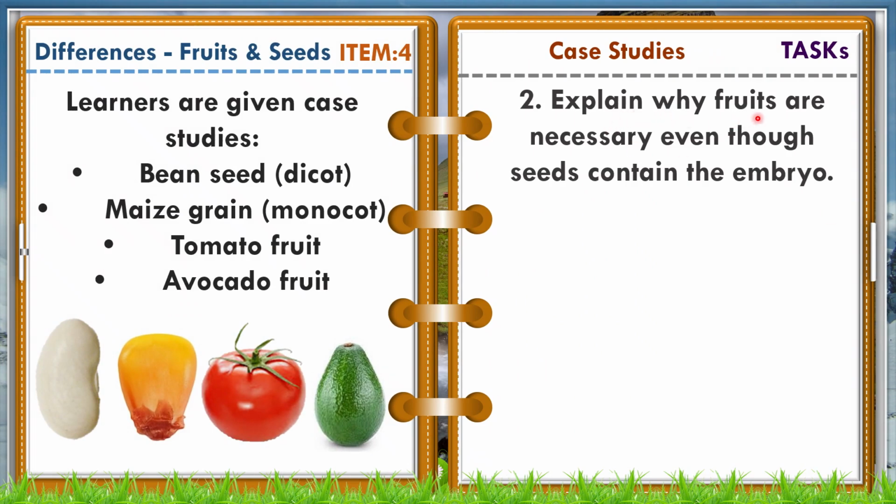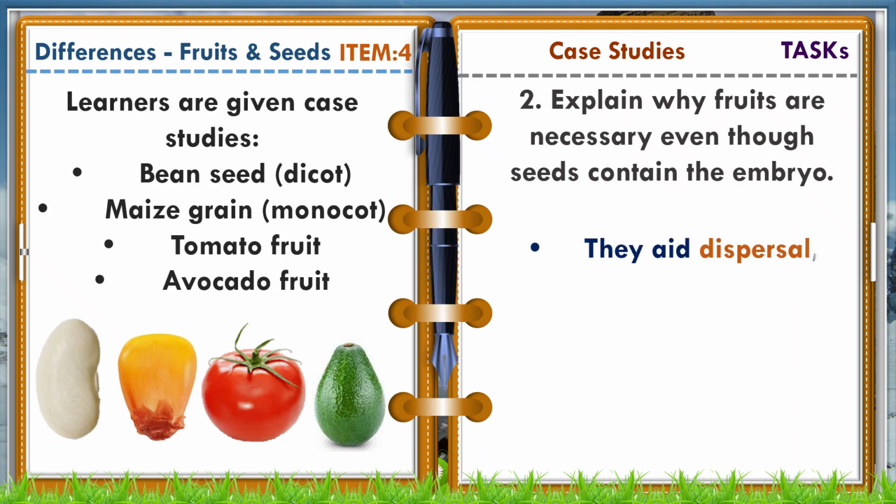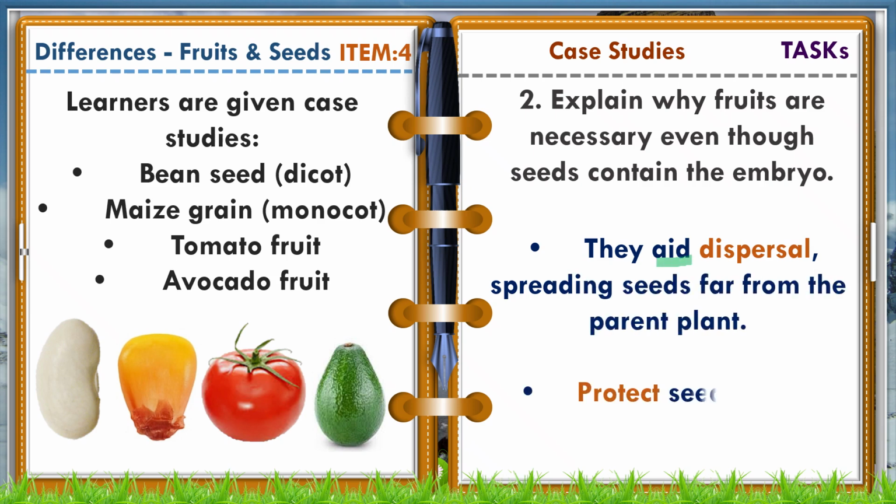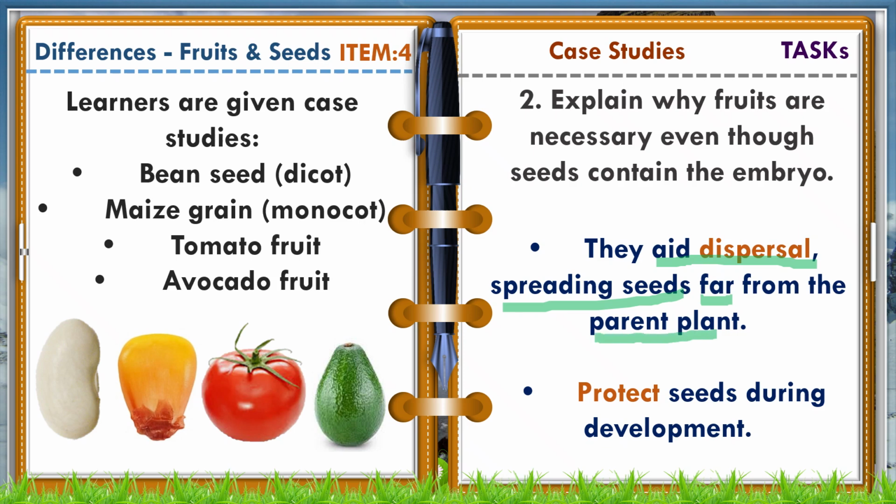Explain why fruits are necessary even though seeds contain the embryo. They aid dispersal, spreading seeds far from the parent plant. They protect seeds during development.